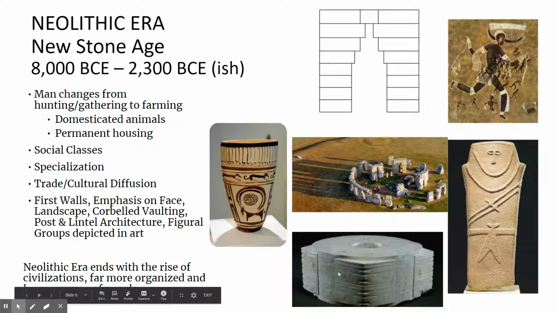The skill that it takes to work jade is beyond your comprehension. The only thing that can wear it away is to work at it with sand and water. And so you have to consider the kind of skill that it took to make something like this. It's mind blowing. So the Neolithic era basically ends with the rise of civilizations, right? Well, what's civilization?